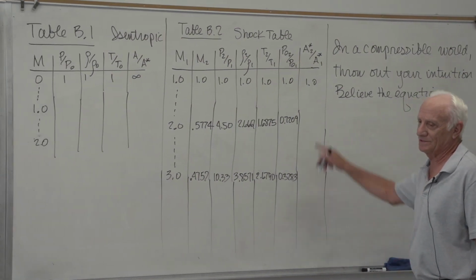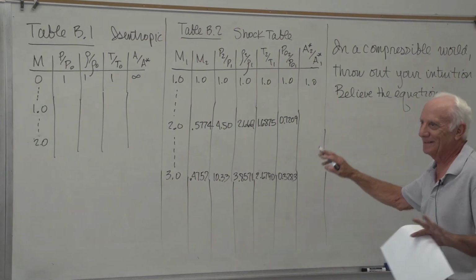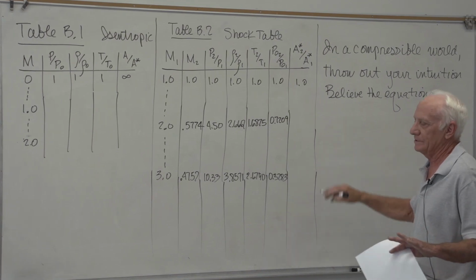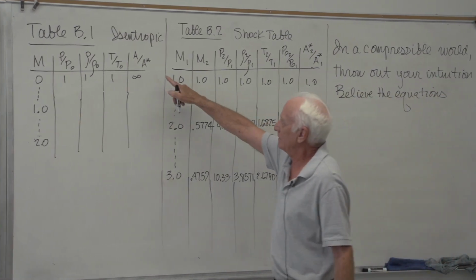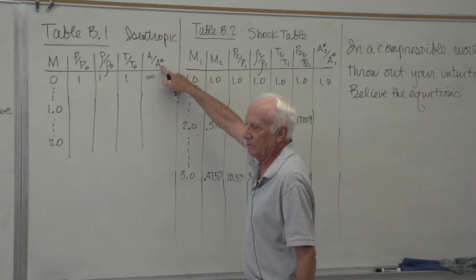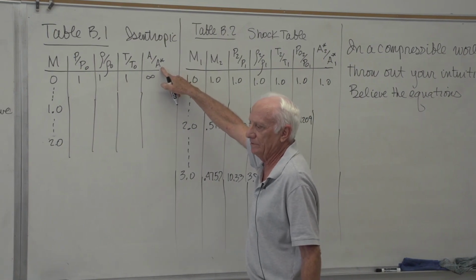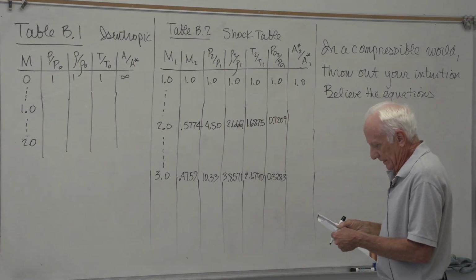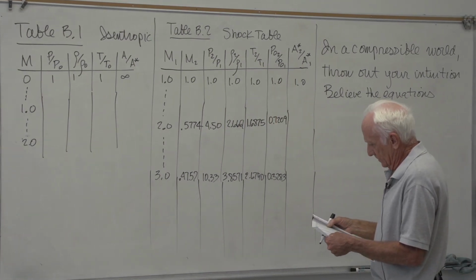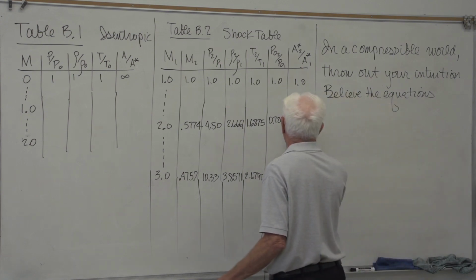We'll get this later, but for right now, just so you know, there's also an A star 2 and A. Let's go back, what do the star conditions mean? It means the location where the Mach number equals 1, the location where we have sonic speed in the flow field. Okay, 2.0, 1.3872.